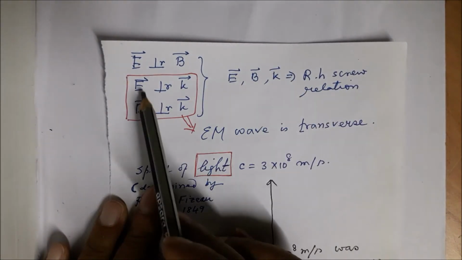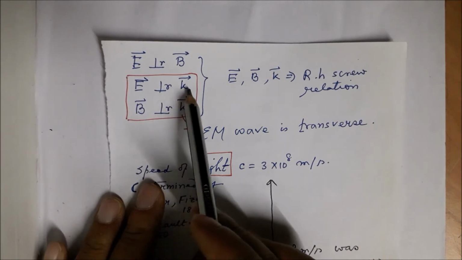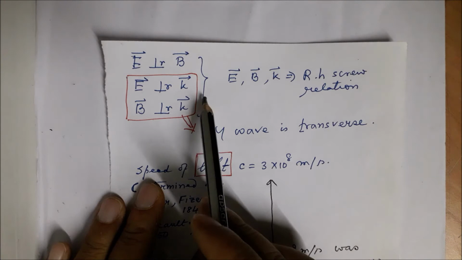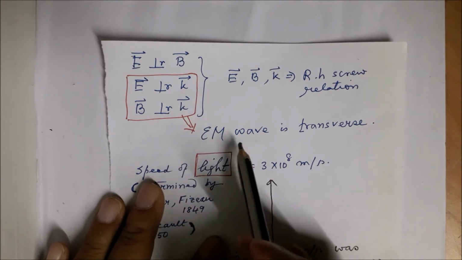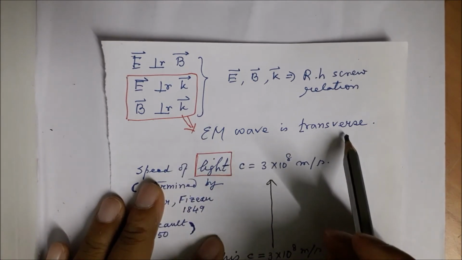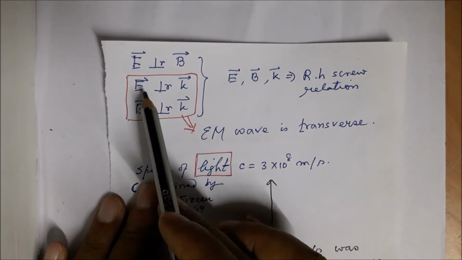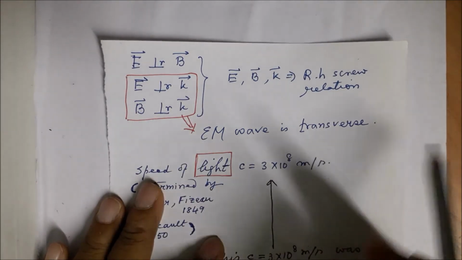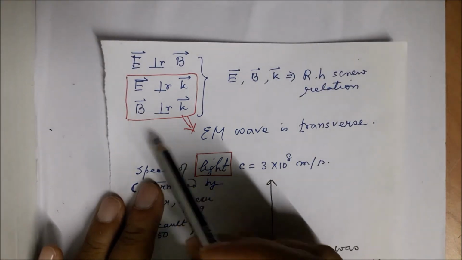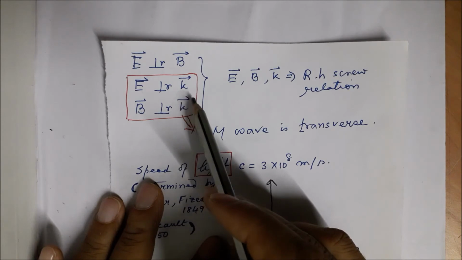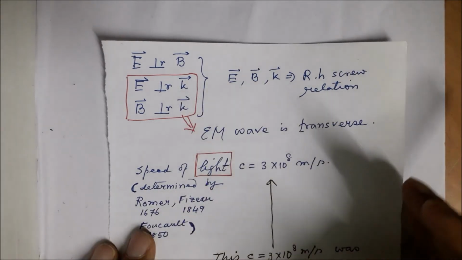Now this fact that the fields are orthogonal to the direction of propagation is referred to as electromagnetic wave being transverse. So this is transversality of the field vectors. They are both transverse to the direction of movement or the propagation vector.